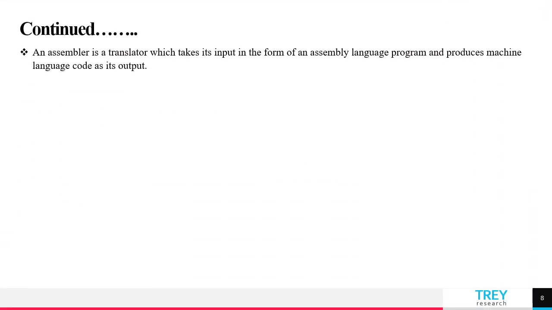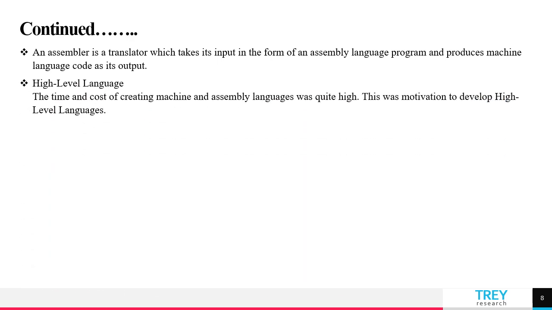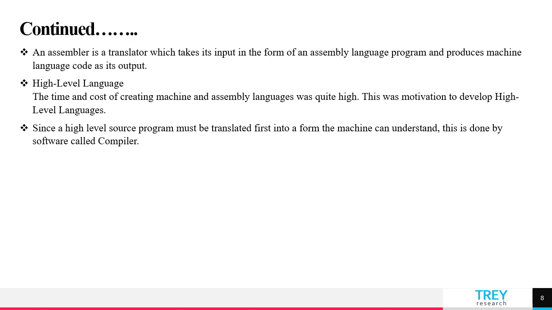An assembler is a translator which takes its input in the form of an assembly language program and produces machine language code as its output. Now the high level language: the time and cost of creating machine and assembly languages was quite high. This was the motivation to develop high level languages. A high level source program must be translated first into a form the machine can understand.